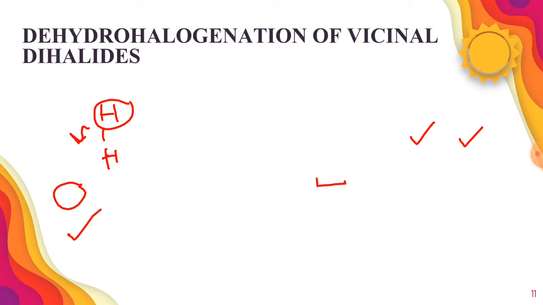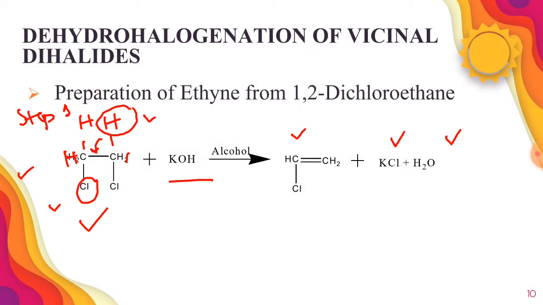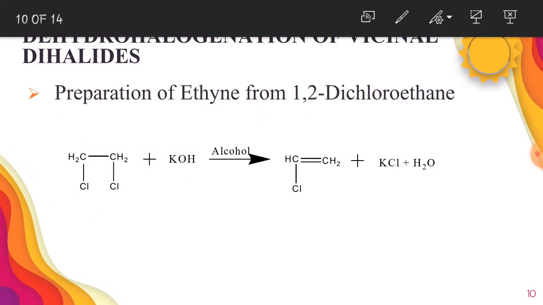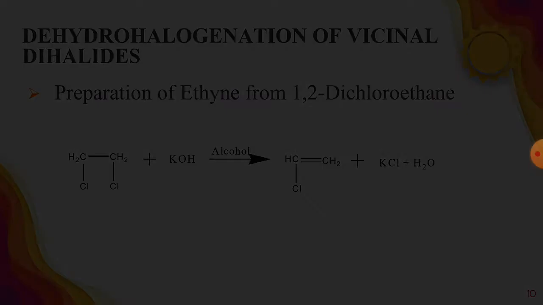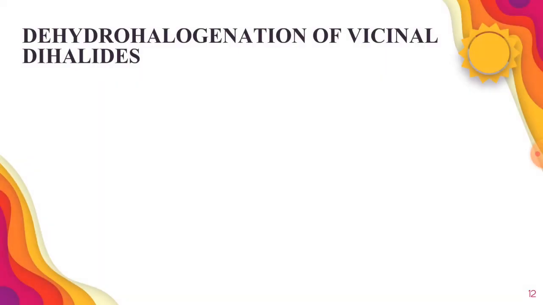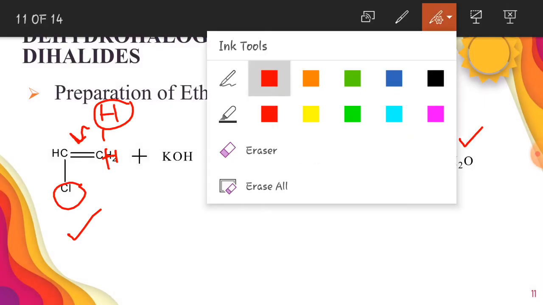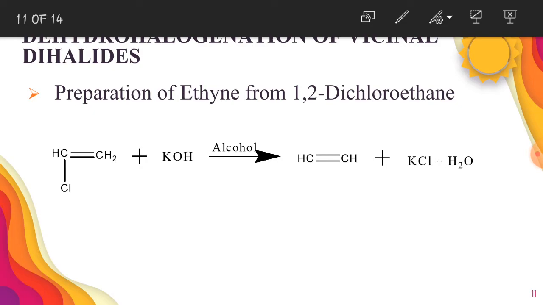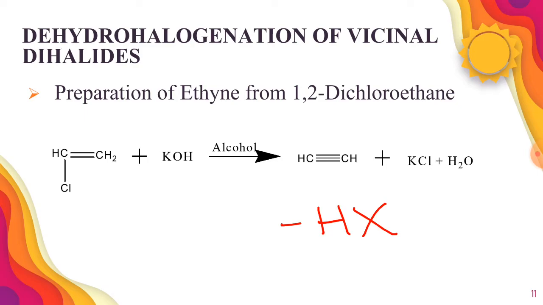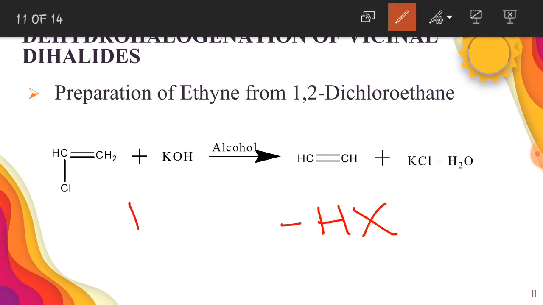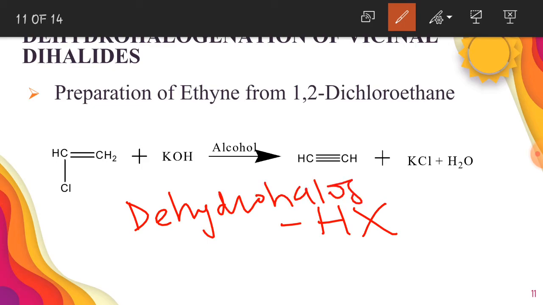So in the first step there is the formation of an alkene, and in the second step there is the formation of an alkyne, and in each step there is the elimination of HX, and this reaction is therefore called dehydrohalogenation.